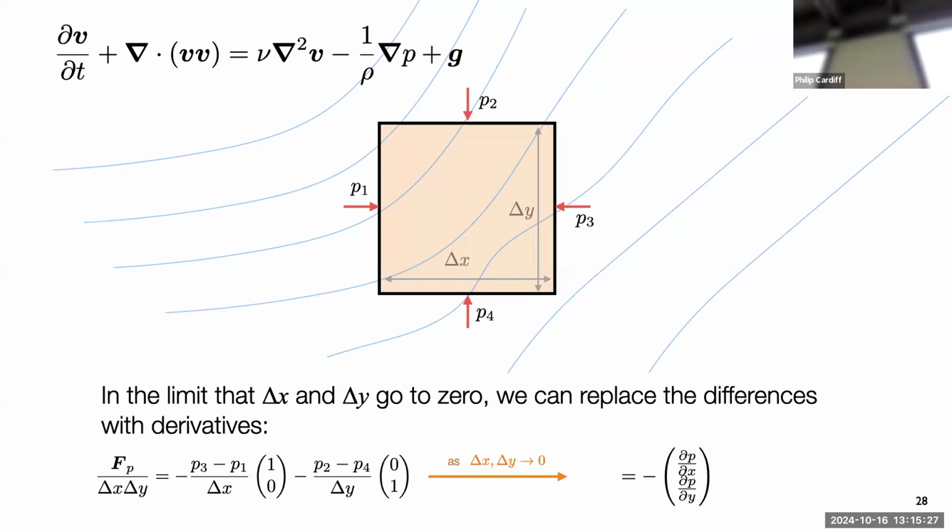Similarly, P2 minus P4 over delta y, as we let delta y go to 0, is just the definition of dp dy. So you'll see that it's dp dx multiplied in the x direction and dp dy in the y direction. So you can see this is just a vector, minus dp dx in the x direction and dp dy in the y direction. So that is the force per unit volume at a point due to pressure differences.